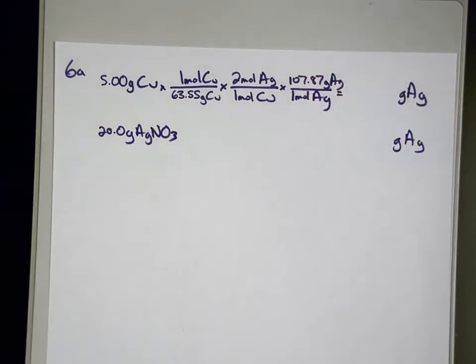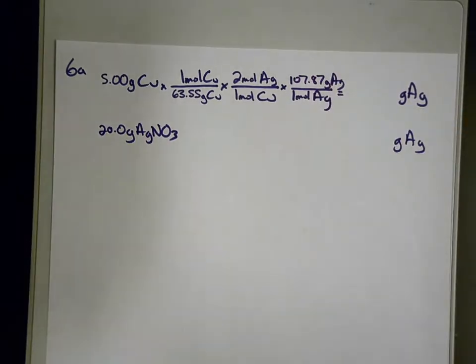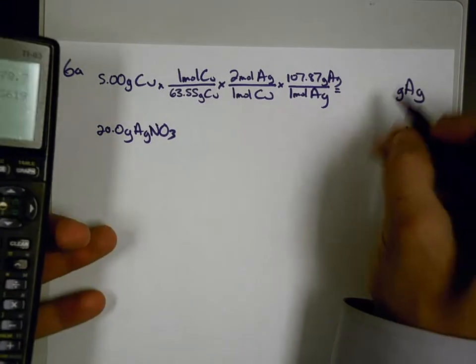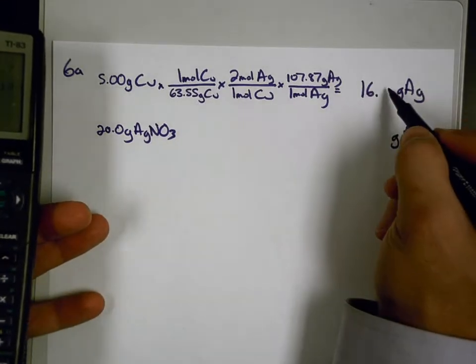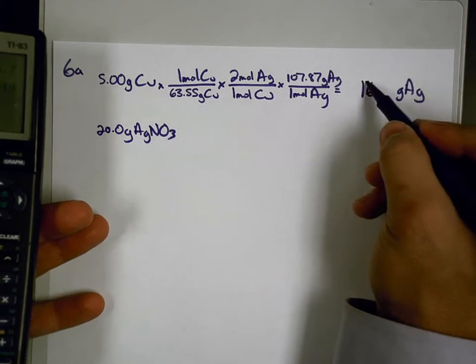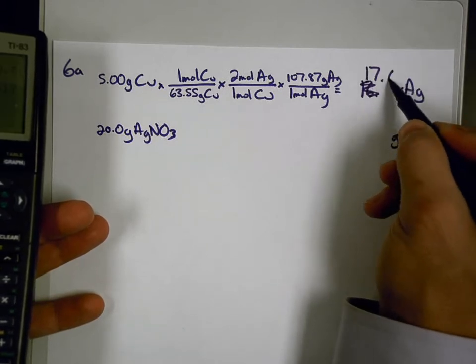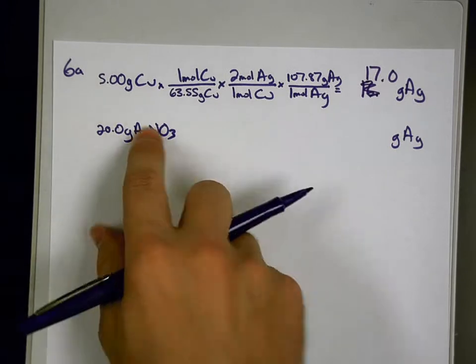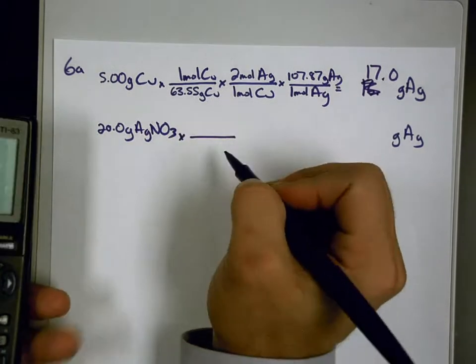So let's multiply everything on top and divide by everything on bottom. And we get 16.97, so that actually rounds up to 17.0 grams of Ag.